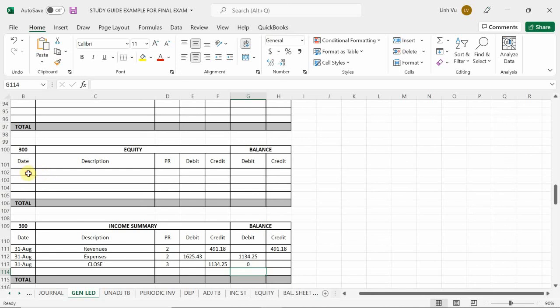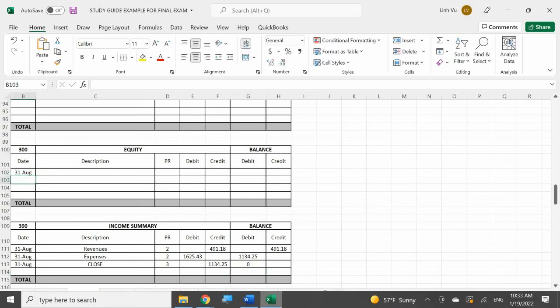And then we have to credit this account. Which gave a debit of 1134.25, which brings me a debit balance of 1134.25, which in reality, right, if it's a debit balance, that means we're in the negatives. Okay.